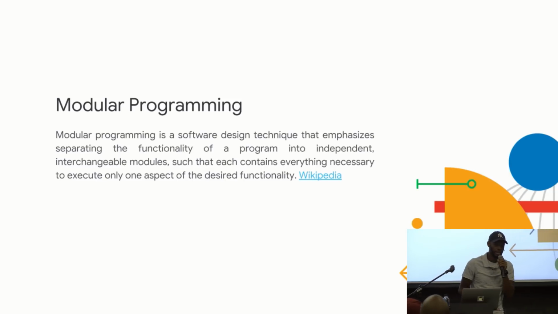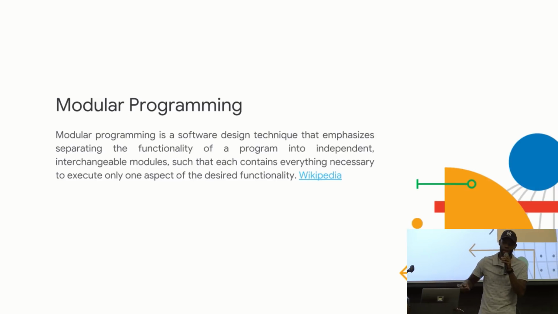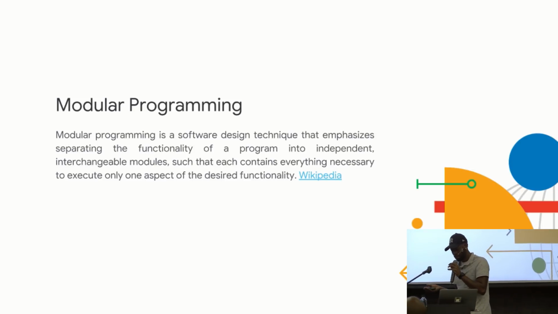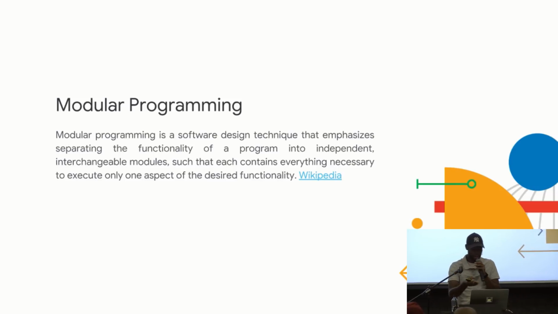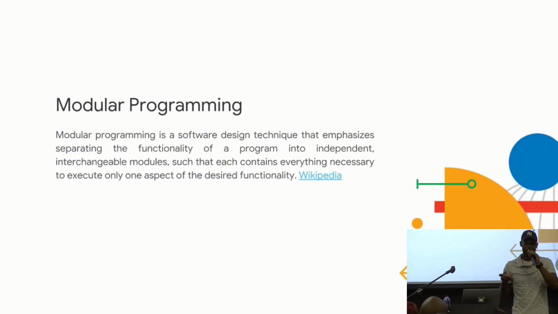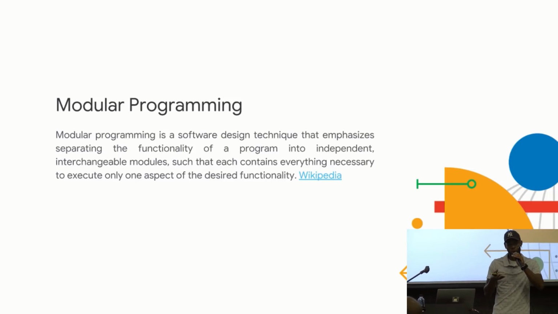What it basically means is, an Android app is a collection of features. According to how Wikipedia defines modular programming, it is being able to take your code and separate it into different modules such that it is executable independently.